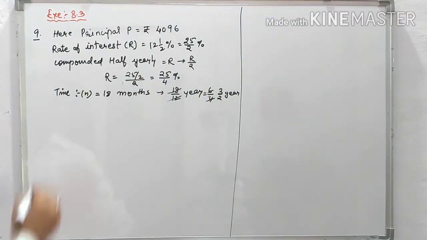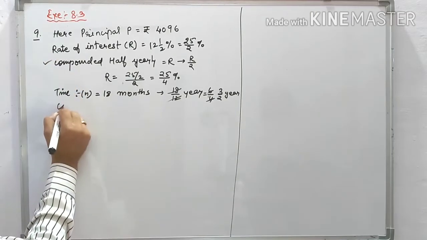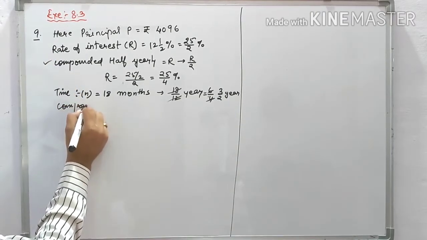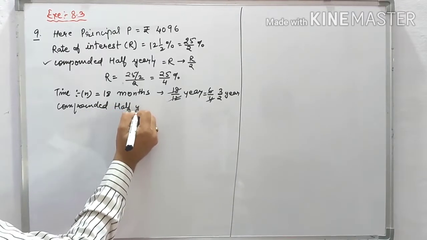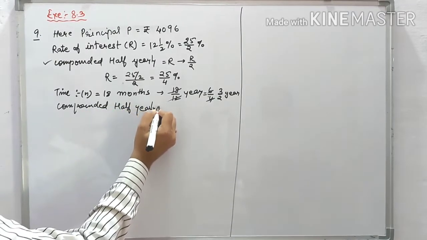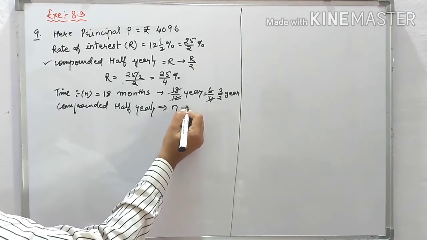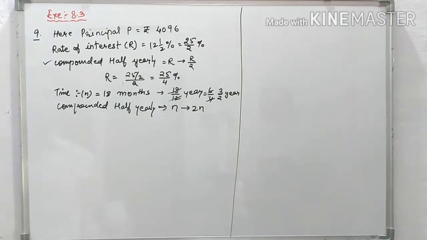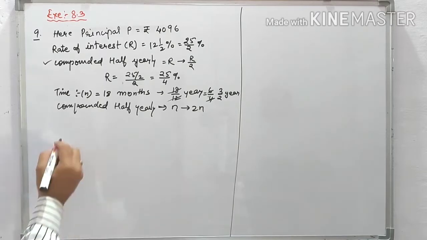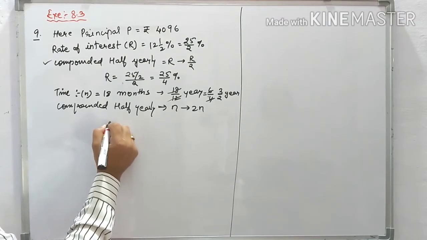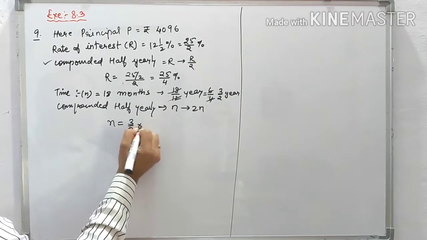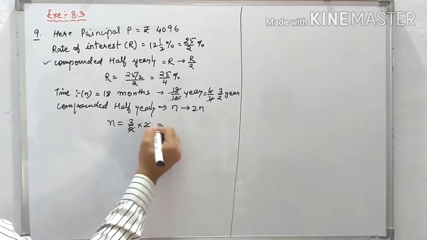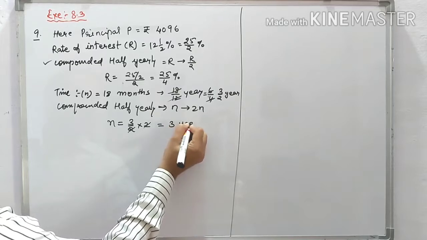And again, the condition of compounding half yearly: n becomes 2n, two times n. So the value of n is equal to 3/2 into 2, which cancels to only 3 years.